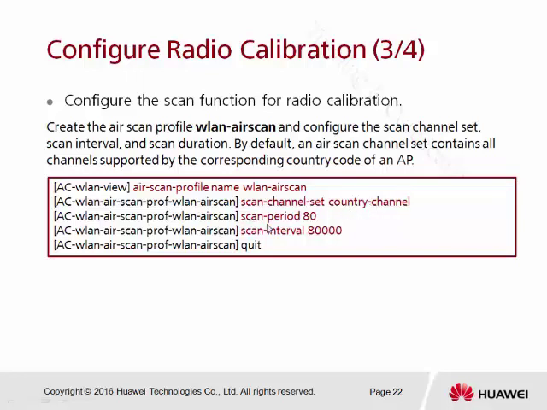And the channel period: how long are you going to scan for? The AP over here uses milliseconds for the calculation, and by default it's 60 milliseconds. The scan interval also uses milliseconds for the calculation.